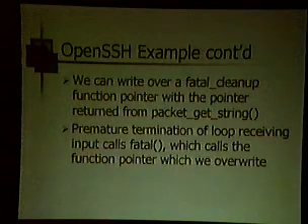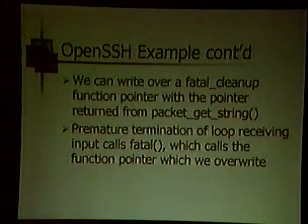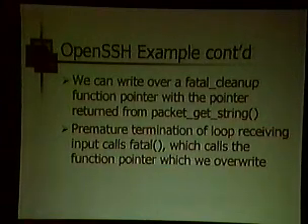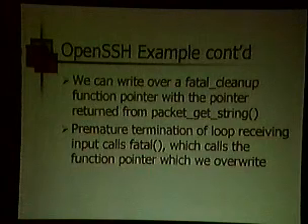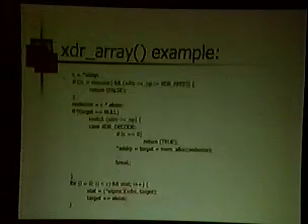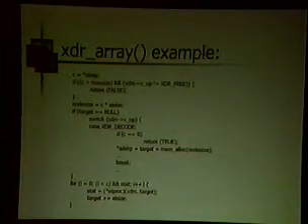So we're going to talk about Neil's example now, which is the one that came out today. Okay, this example here is the XDR array prototype, which is used in Sun RPC, and this has all the perfect elements of a multiplication integer overflow.